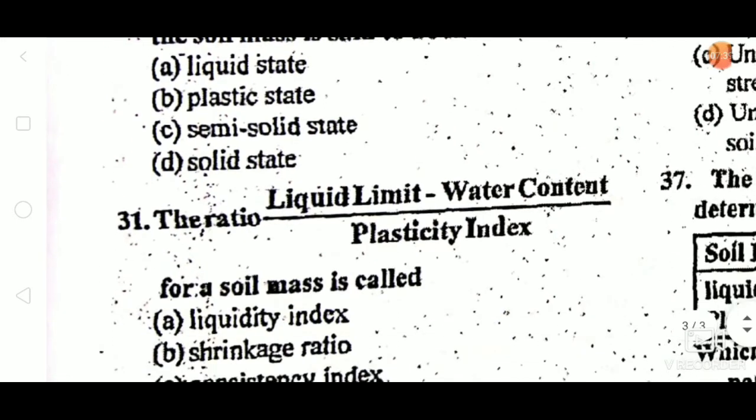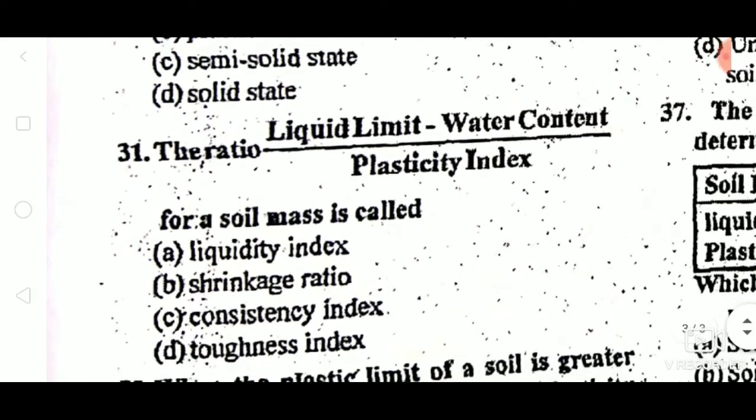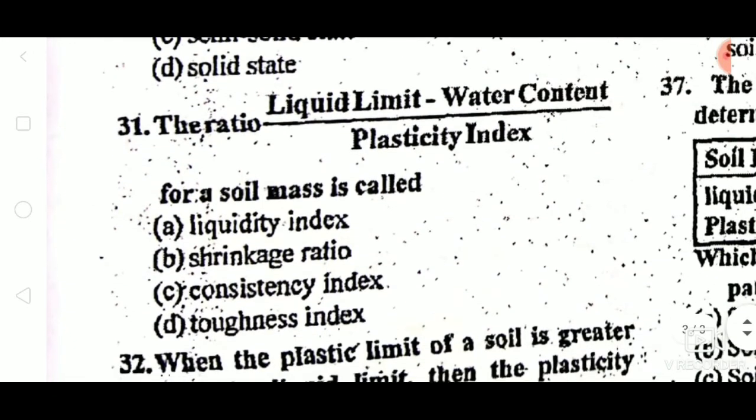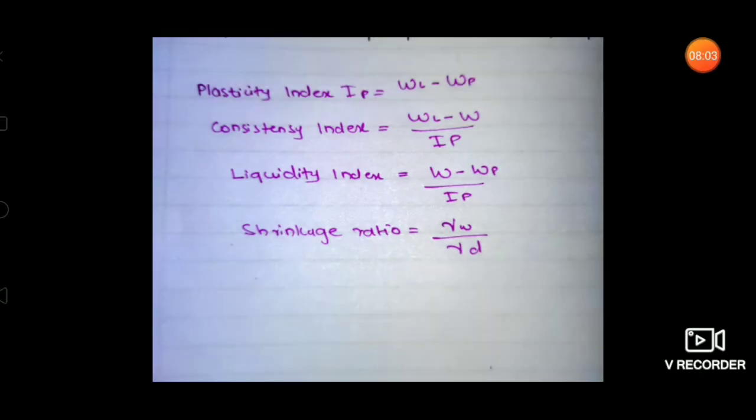Next question. The ratio liquid limit minus water content divided by plasticity index for a soil mass is called option A, liquidity index, option B, shrinkage ratio, option C, consistency index, and option D, toughness index. Here the ratio is nothing but consistency index. These are the different relations.